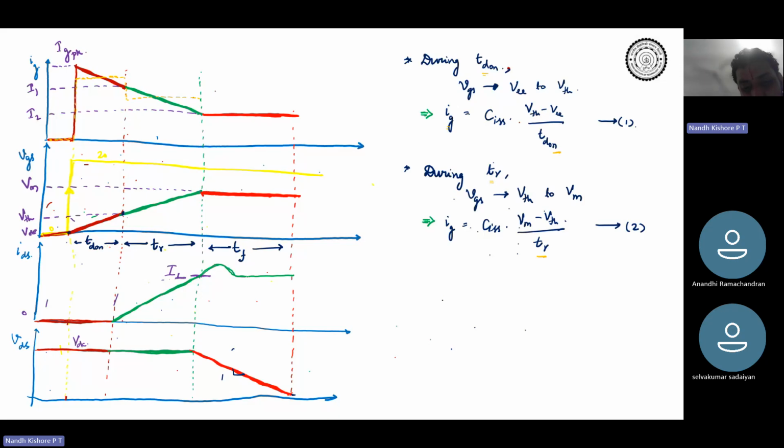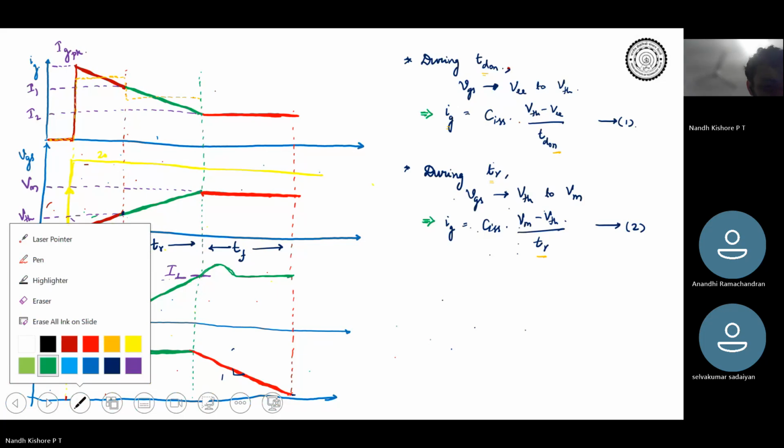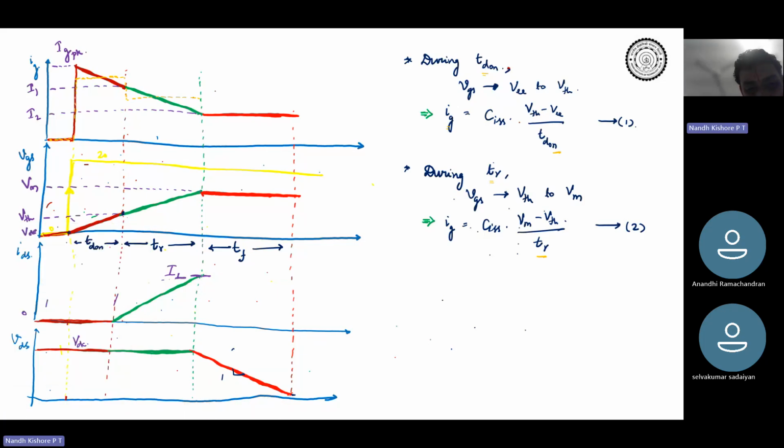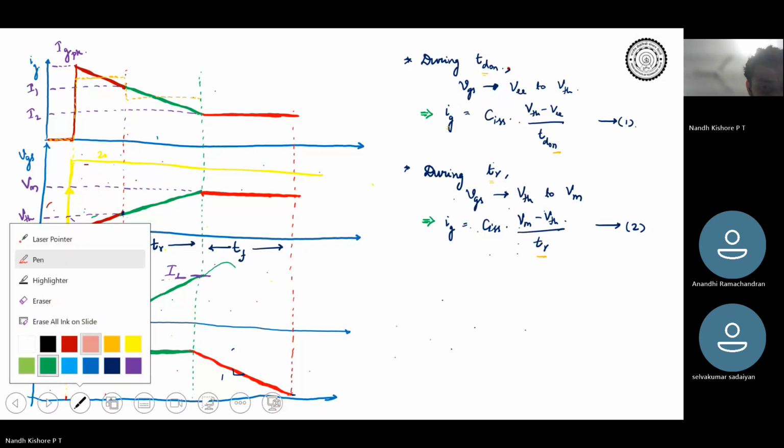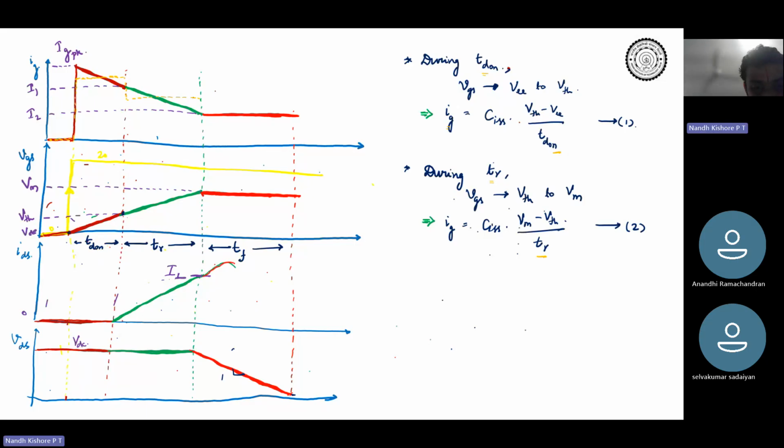That will be an overshoot, and then there will be the reverse recovery overshoot. After the reverse recovery ends, there will still be the COSS charging and discharging current.